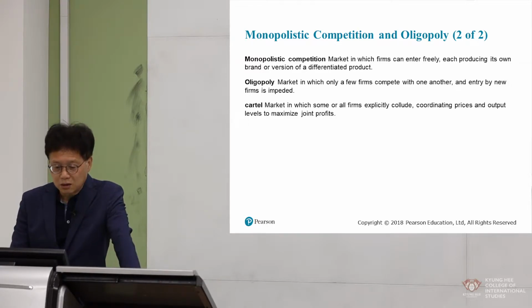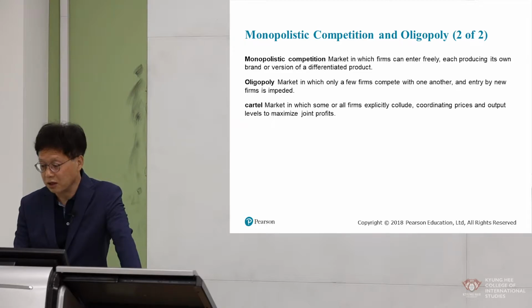And what is oligopoly? A market in which only a few firms compete with one another. A few firms in the market, okay, the number of firms is very small. That is the number one feature. The second feature is this: entry by new firms is impeded. So there exist entry barriers in the oligopoly case. The number one feature is intense competition between few firms.